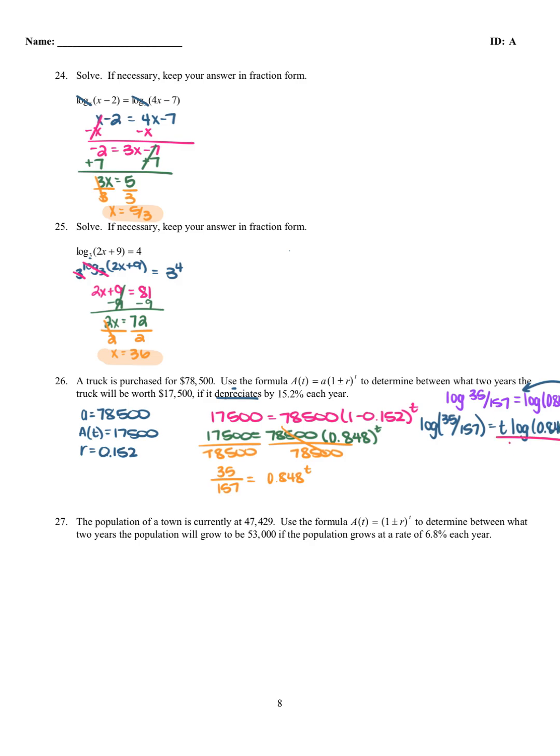We're going to divide each side by the log of 0.848. And that should give you t equaling 9.10. So if we're going between what 2 years, that means that it's between 9 and 10 years.